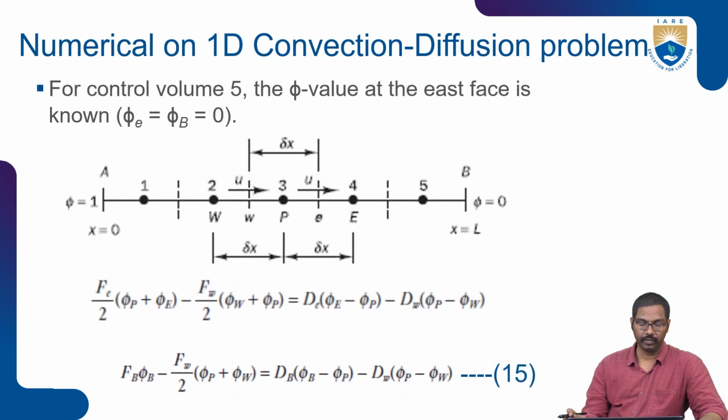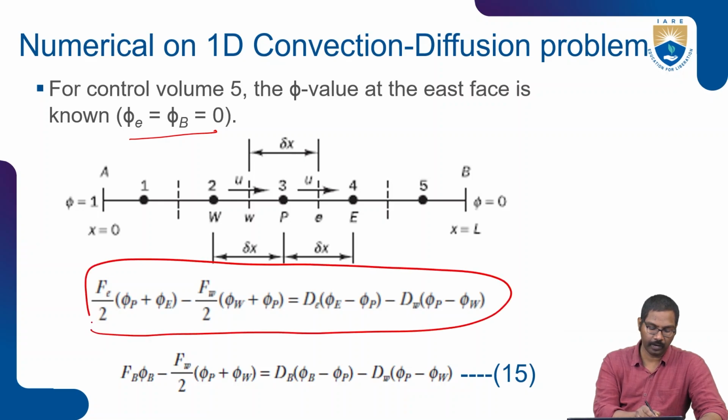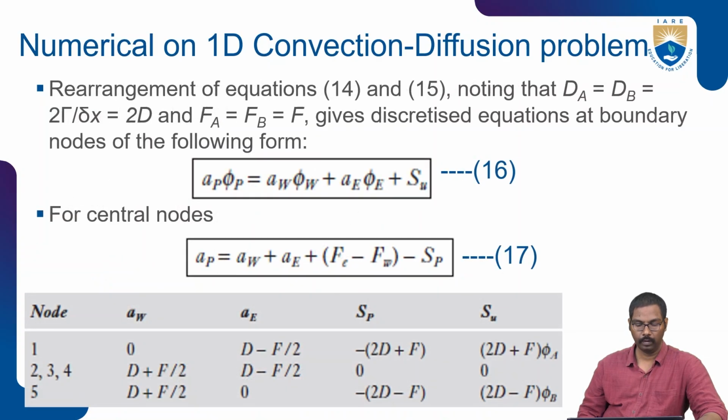Similarly for volume 5, that is the other end of the domain, B, φB is equal to 0 as given in the problem. The same equation is applied here, and the east is taken as B and the west is as it is. So we got equations 15 and 16 for nodes 1 and 5.